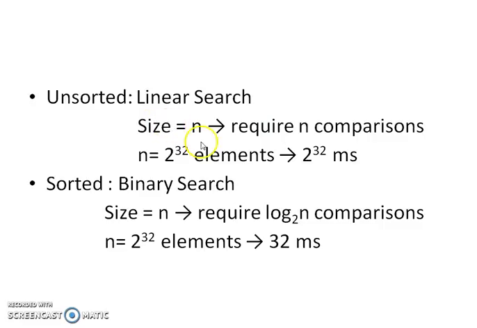So, if there are 2 to the power 32 elements in the list, and each comparison requires 1 millisecond, then we require 2 to the power 32 milliseconds maximum if the element is not in the list.